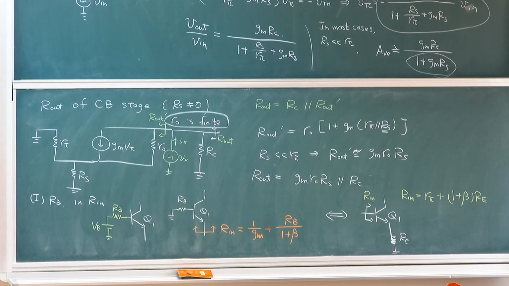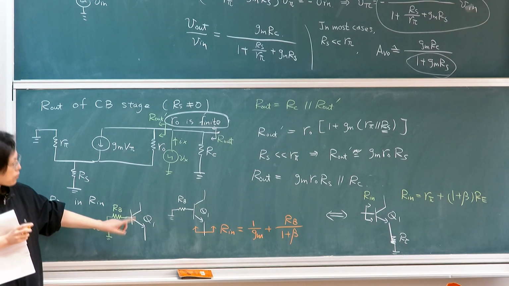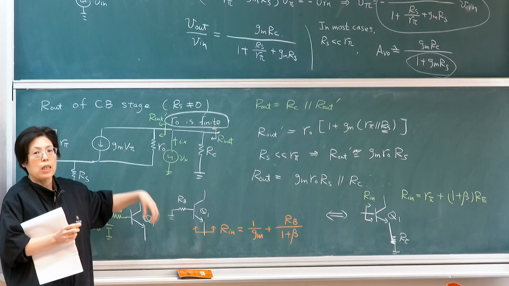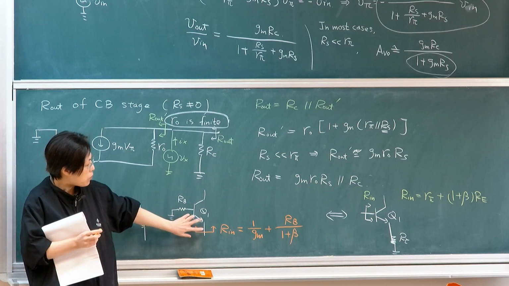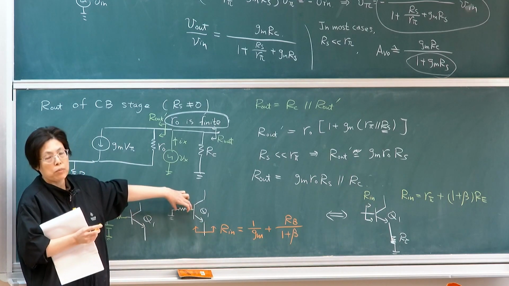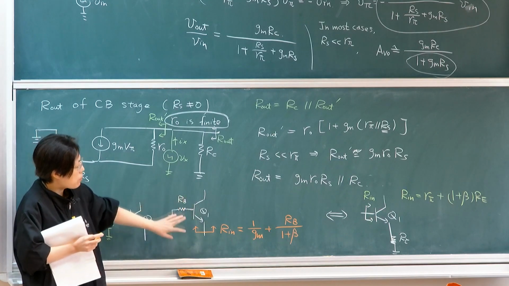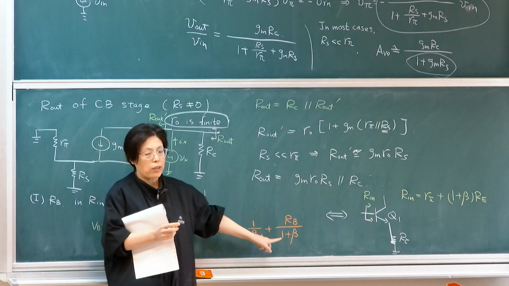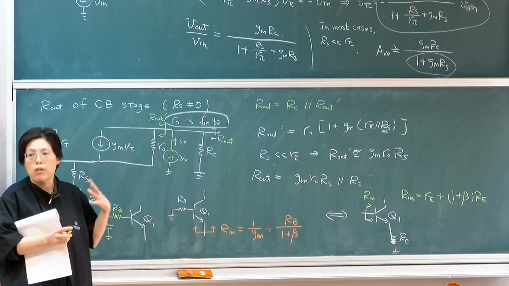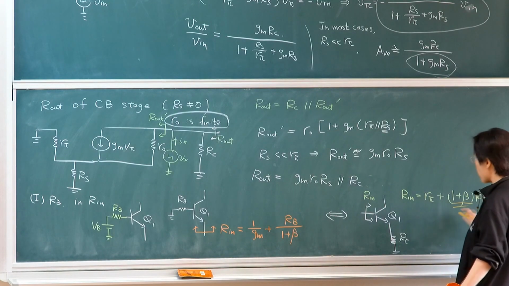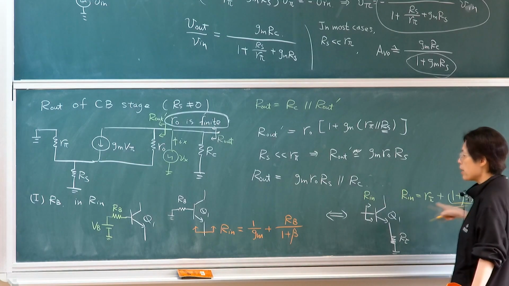Follow the small signal equivalent circuit analogy. But this is just to tell you that if you're looking in from here, the modulation effect will be attenuated because the current on the base will be 1 plus beta times smaller. Therefore, the equivalent resistance you're looking in from the emitter will actually be attenuated by the current ratio. This is the same thing. Re will be amplified by a factor of 1 plus beta.